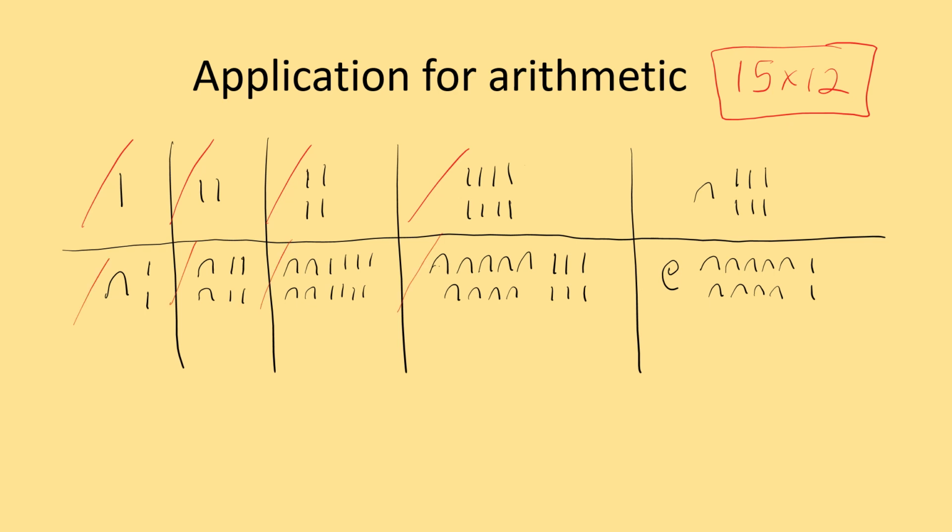And therefore, we would have to add together these multiples, which is 12, 24, 48, and 96. And so the sum of these multiples would give us 180.